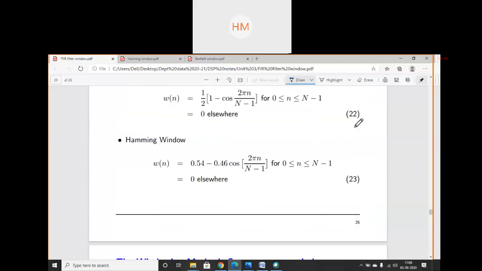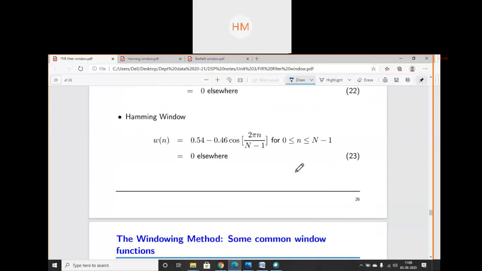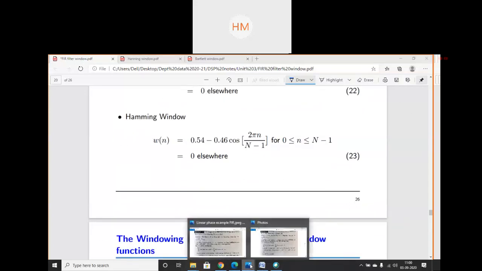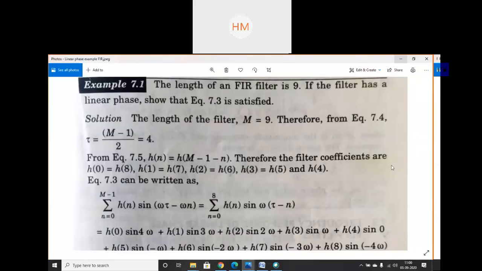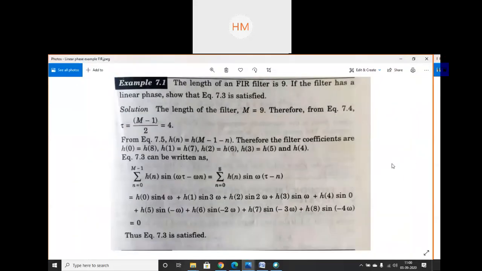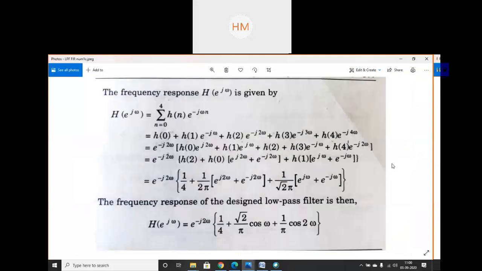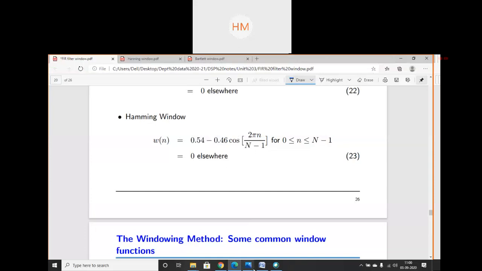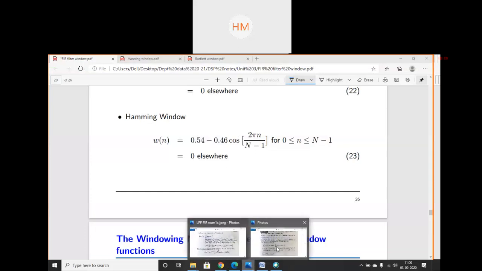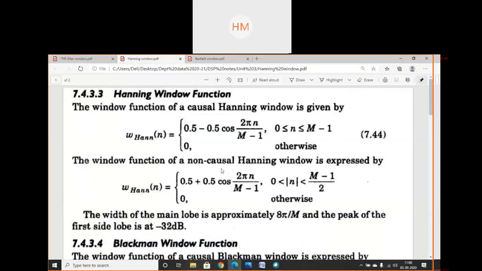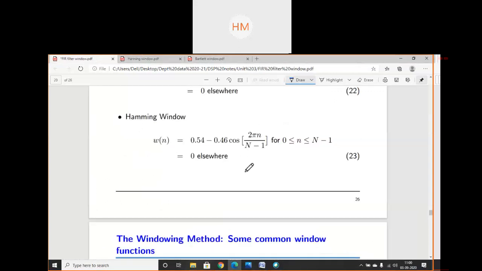So write down the second window function, Hamming window function.